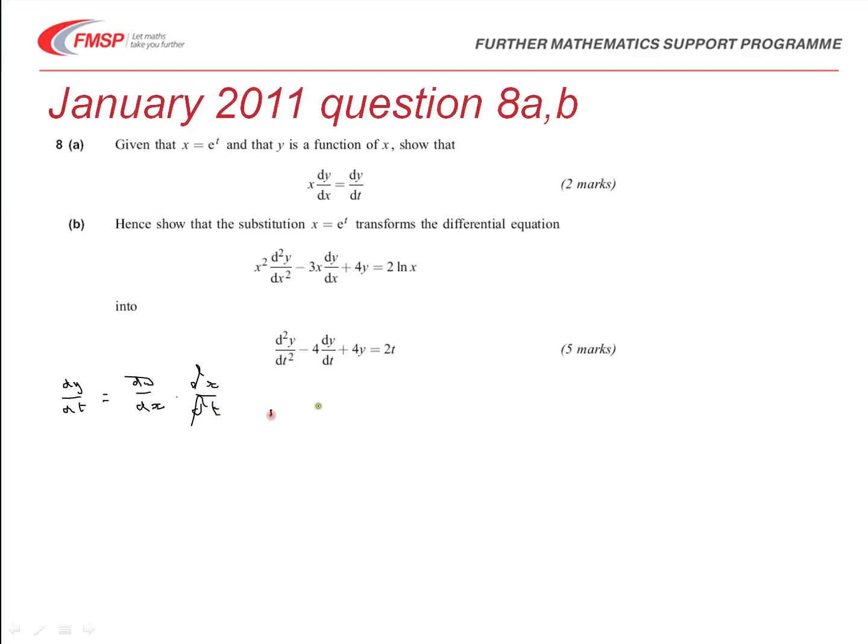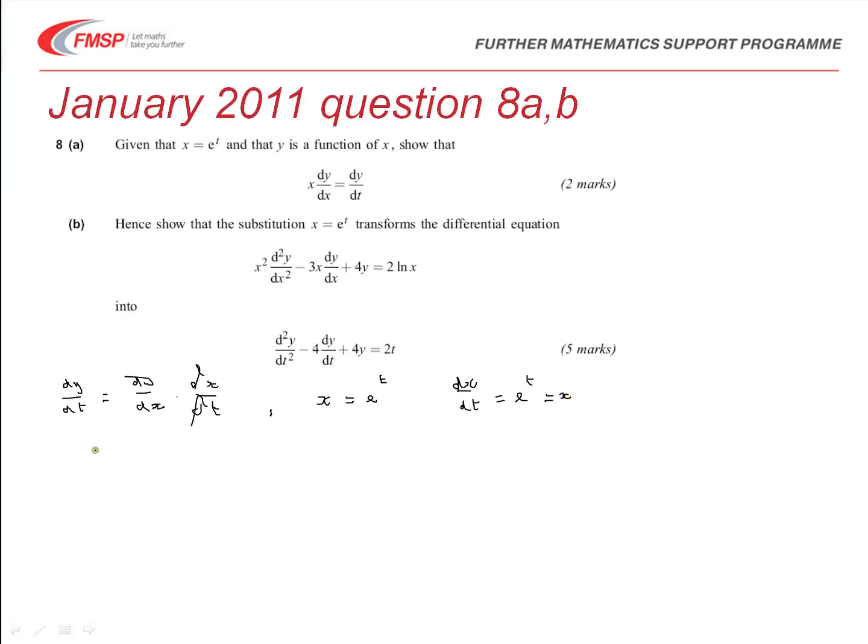And we also know from the fact that x is equal to e to the t, then we can say that dx by dt is equal to e to the t as well, which in turn we know is equal to x.